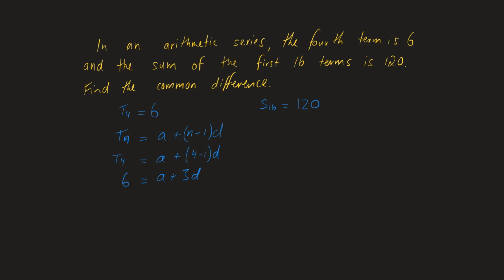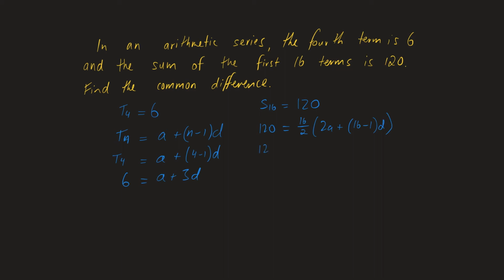And I'm going to use the formula that I've looked at just previously. So that's 120 equals 16 over 2, 2a plus n minus 1, where our n is going to be 16, d.